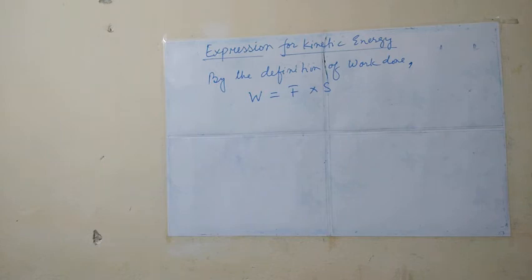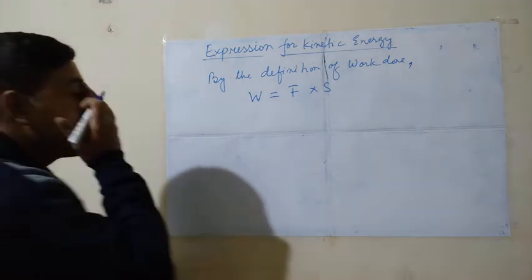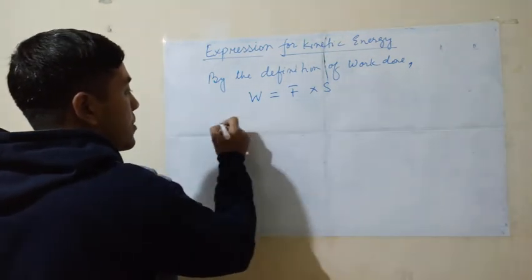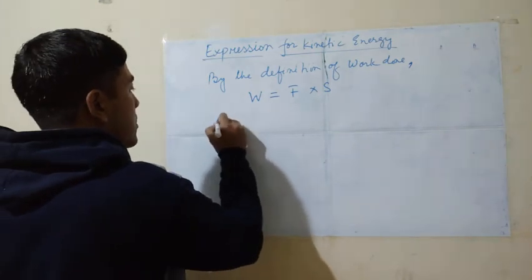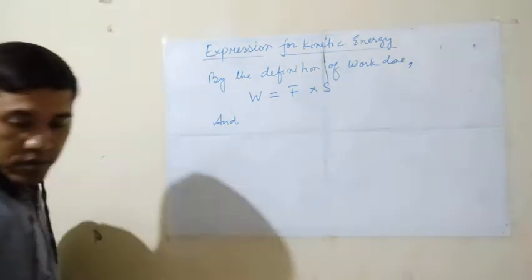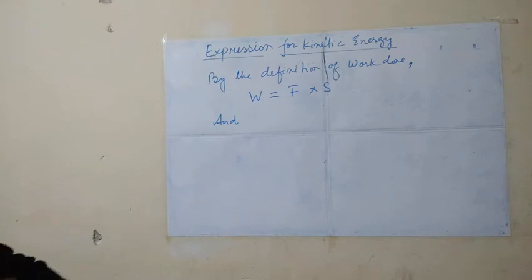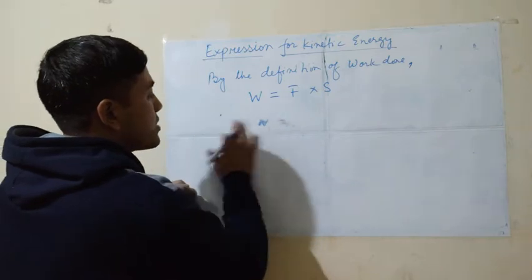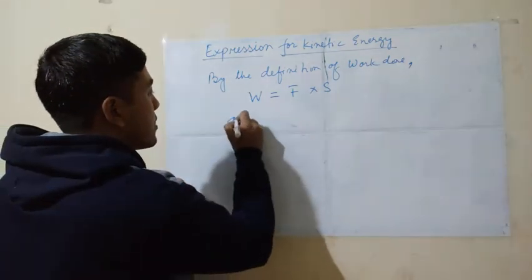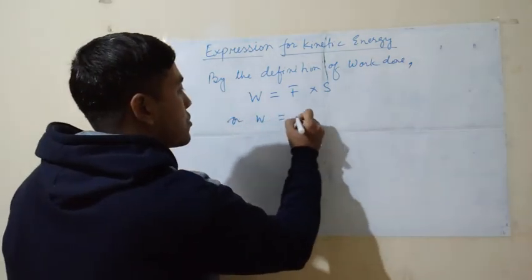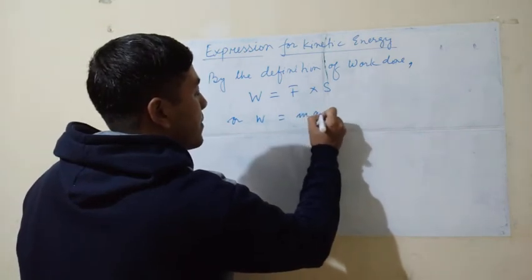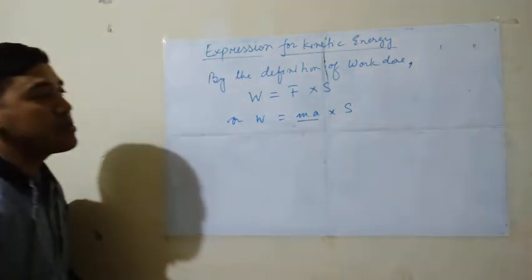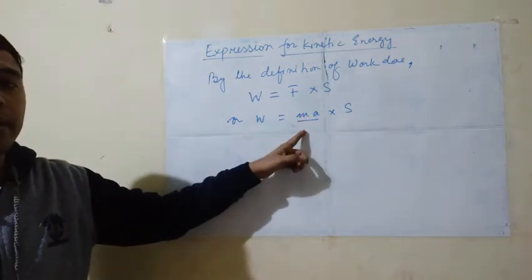No. Right. Now, look here, work done is equal to, or we can write this work done is equal to MA into S. Why in place of force am I writing MA?